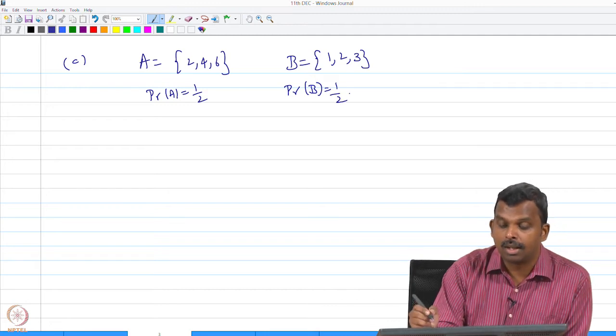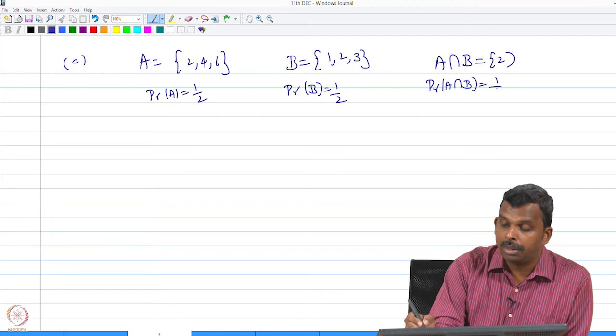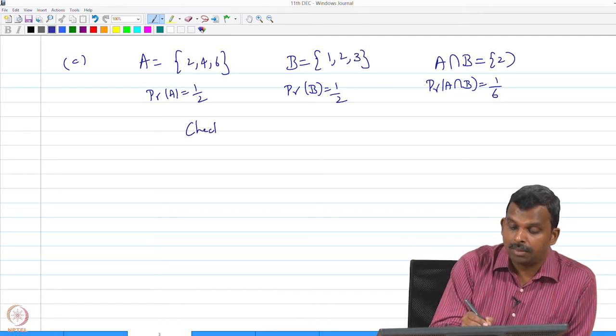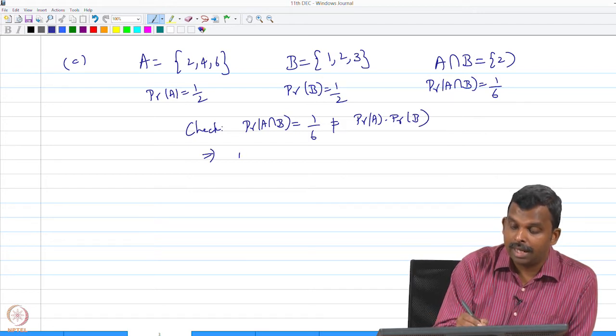So, both these events have probability 1 by 2. So, if you do A intersect B, you actually get 2, and the probability of A intersect B ends up being 1 by 6. So, now once again if you check, the probability of A intersect B is 1 by 6, and it is not equal to the probability of A times the probability of B. So, this implies A and B are dependent events.